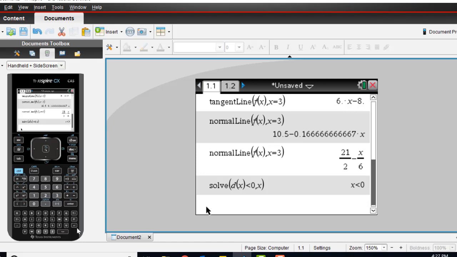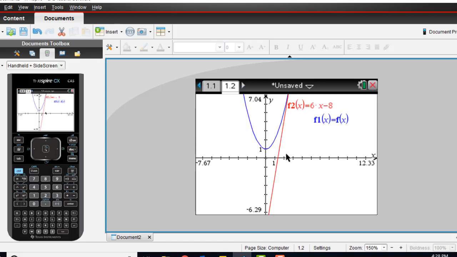What else? I think that is the main things you need to know with gradients.